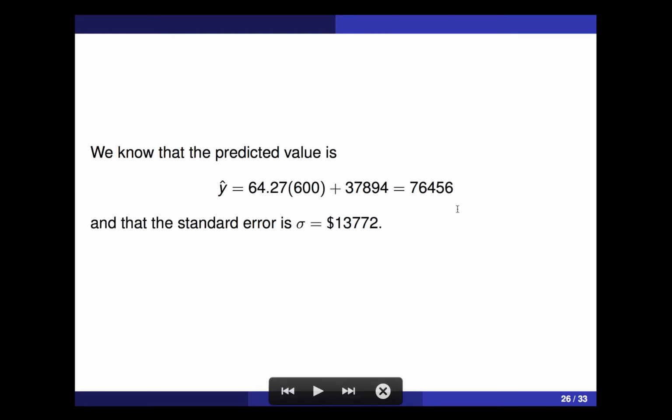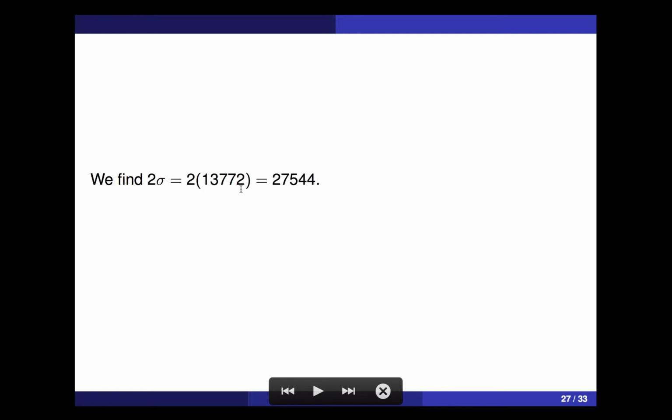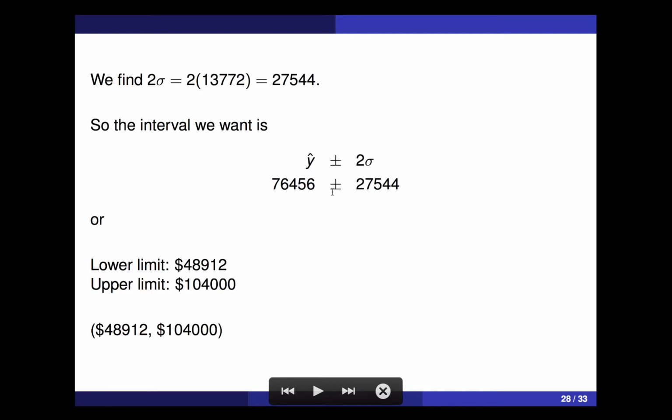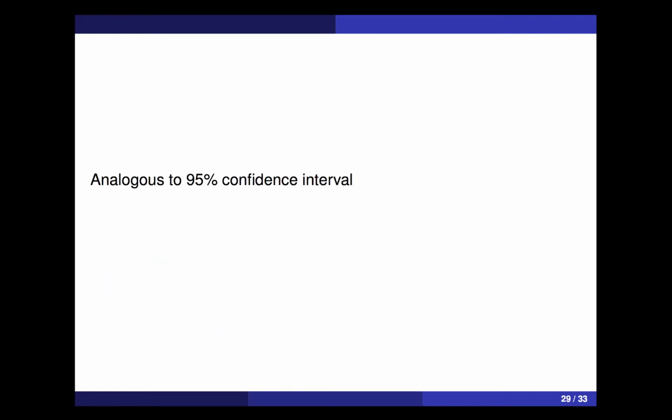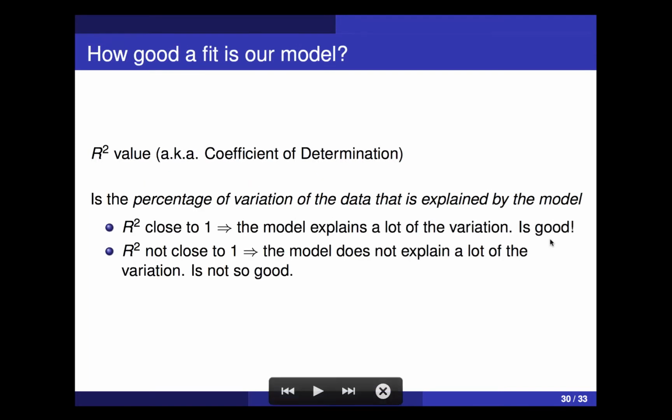So we've just found Y hat, and then we found the standard error. We found 2 times the standard error, and then we added and subtracted that value from Y hat to get our range of values within 2 standard errors of our predicted value for 600 units. Should remind you of a 95% confidence.